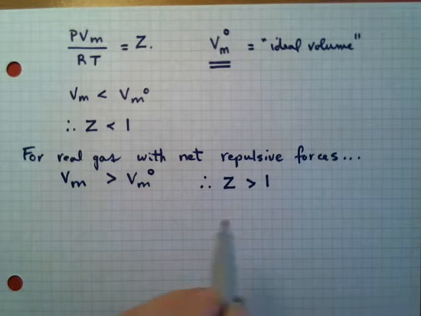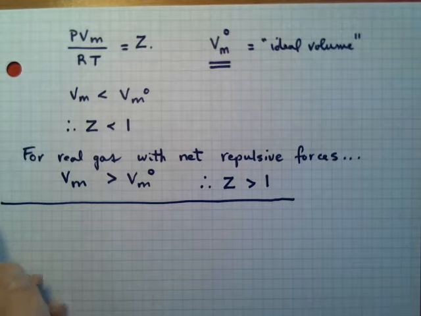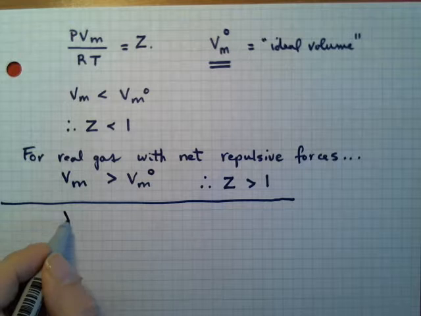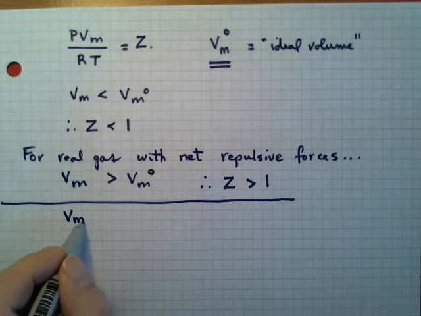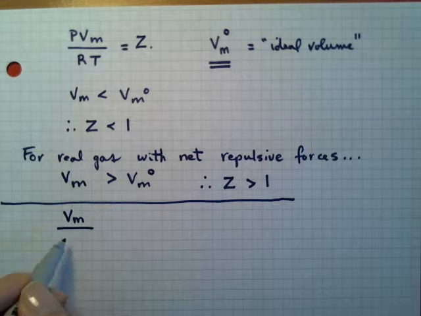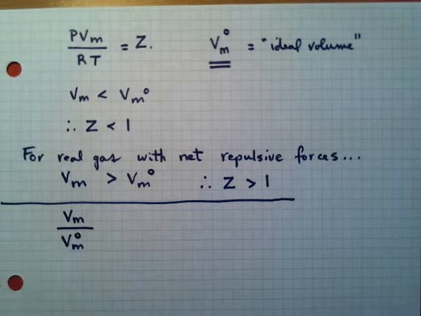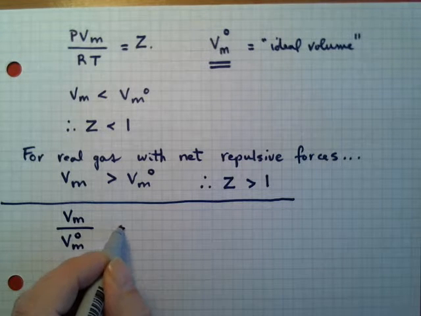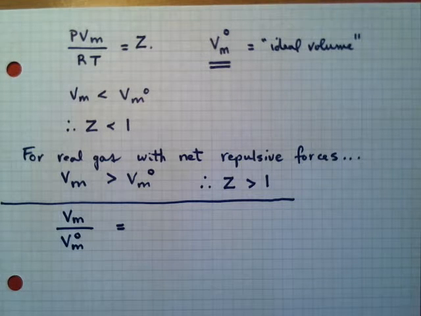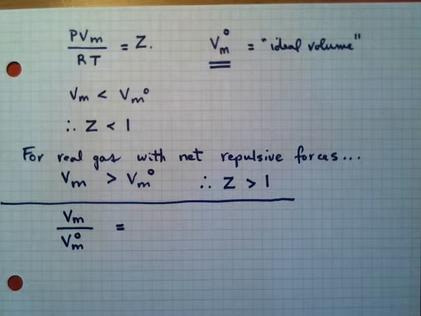So that leads us to another expression for the compression factor, which is a really convenient one. If I simply take the ratio of the observed molar volume, or the real molar volume, to the predicted or ideal one, that ratio, does it have any units? No, right? It doesn't have any units. It's volume units over volume units.